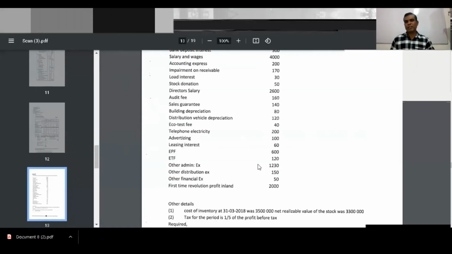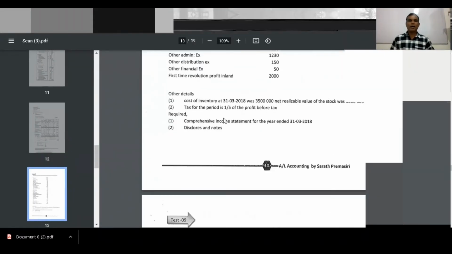In a company, there are normal day-to-day operating expenses. And there are some expenses sometimes that are determined by the board of directors.